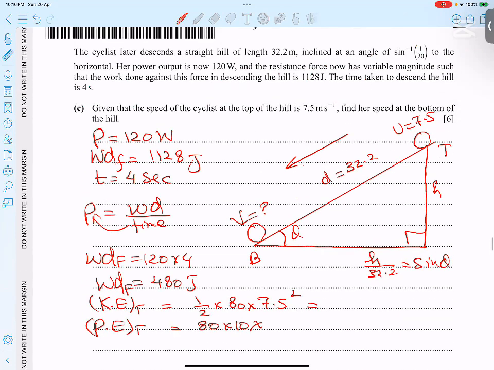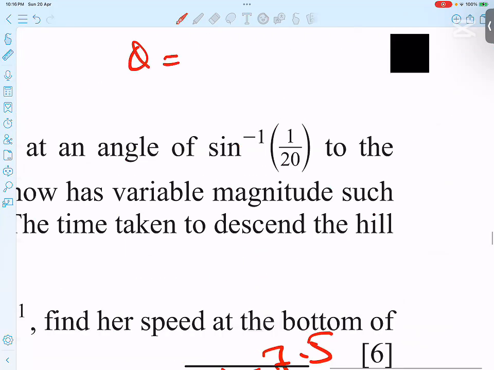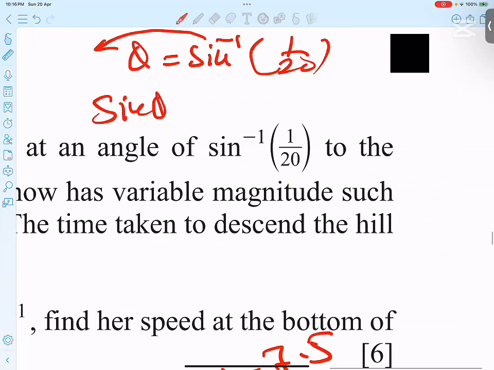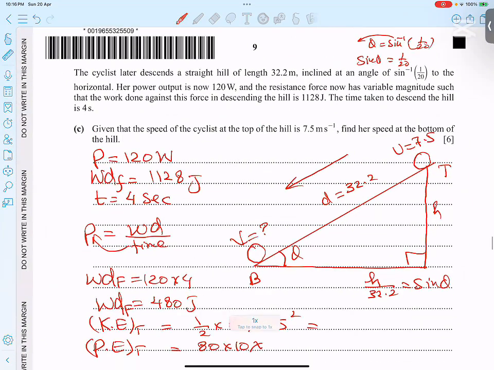If theta is sine inverse of 1 over 20, then sine theta equals 1 over 20. I replace it here with 1 by 20, so the height is 32.2 divided by 20, and I'm getting 1.61.